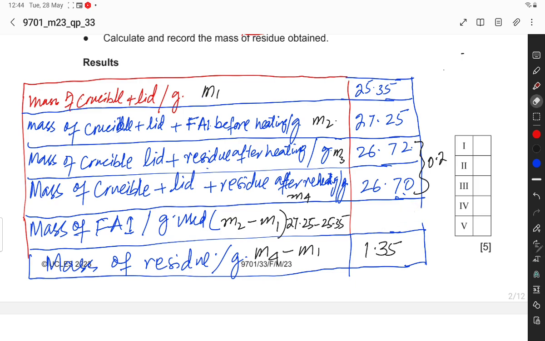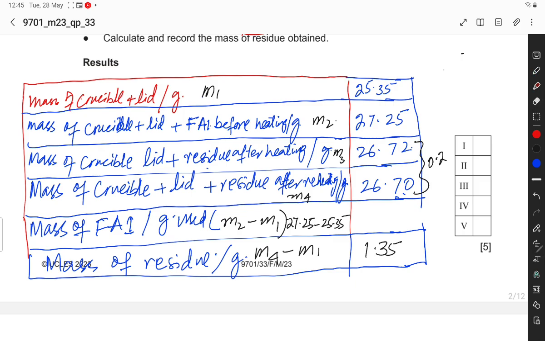So if we make 25.36, 27.25 minus 25.36, .35 plus 2 equal to 27.